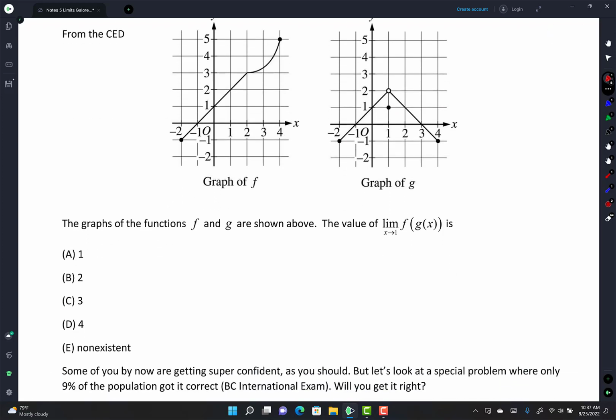All right. What'd you guys get as an answer? So here we go. All right, guys, focus. So remember, there's a composite function. So really, it's saying this: limit as x approaches 1 of g of x, and whatever this limit is, we're going to put into f. So limit as x approaches 1 of g of x.